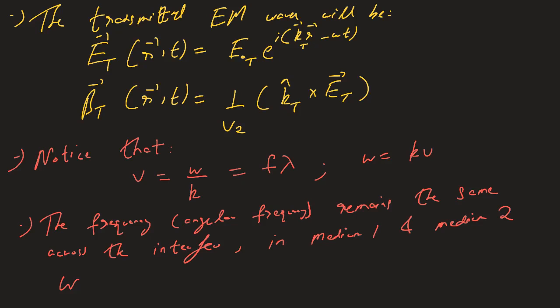But the right hand side, omega is equal to kv. Well, in one case you would have k incident times v1, which would be equal to k reflected times v1, which would be equal to k transmitted times v2.